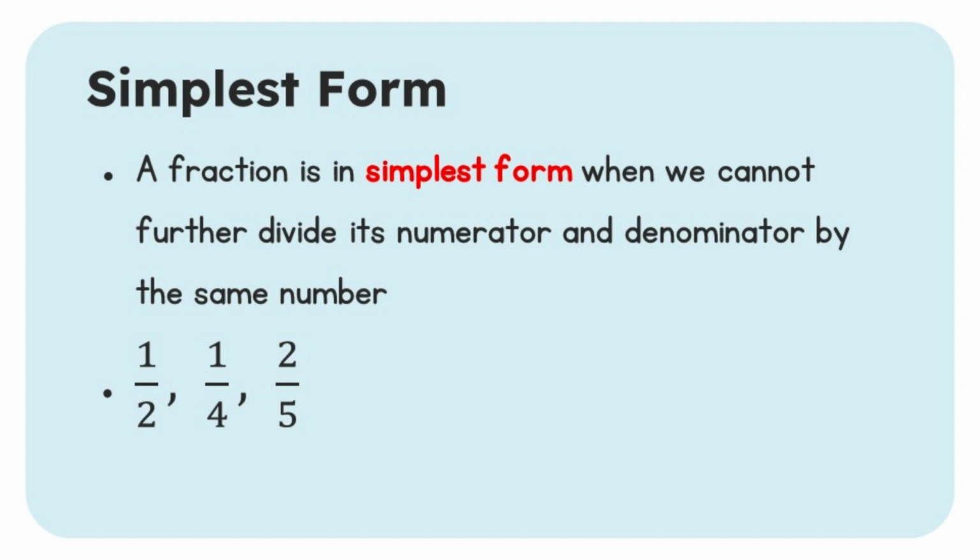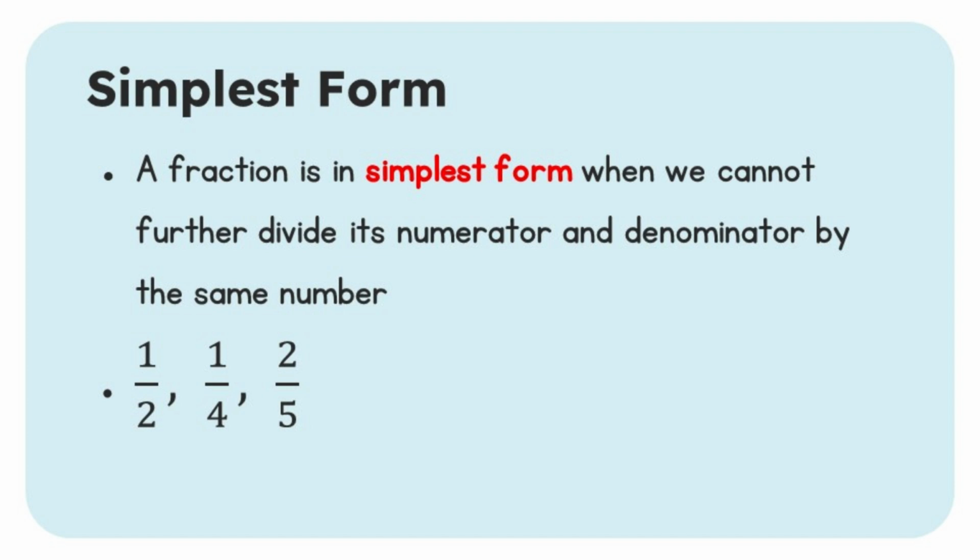So for example, let's look at these three fractions here. The first fraction is a half. Can we divide 1 and 2 by any other number so that we can get a smaller whole number for our numerator and denominator? No, we can't. What about 1/4?